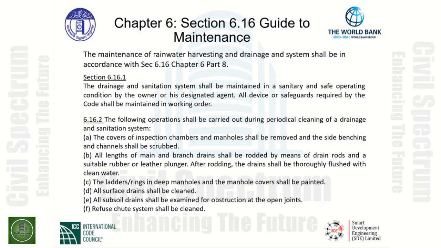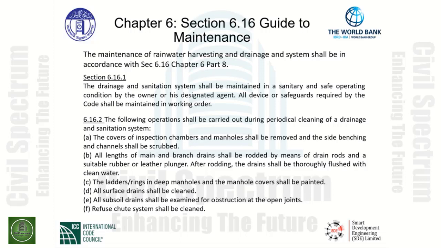In order to keep the rainwater harvesting and drainage system in peak operating condition and clean, maintenance is important. That's why we are referred to this section, Section 6.16 of Chapter 6, for these requirements.